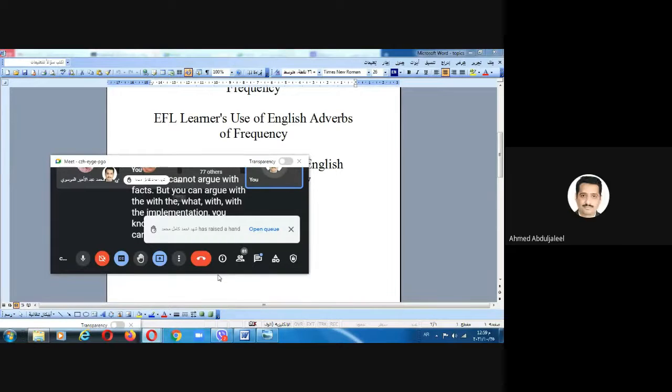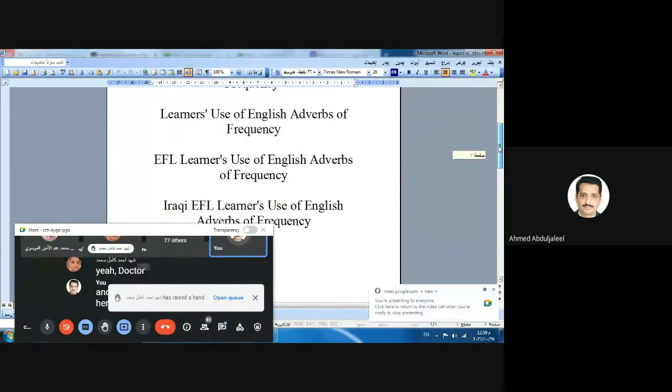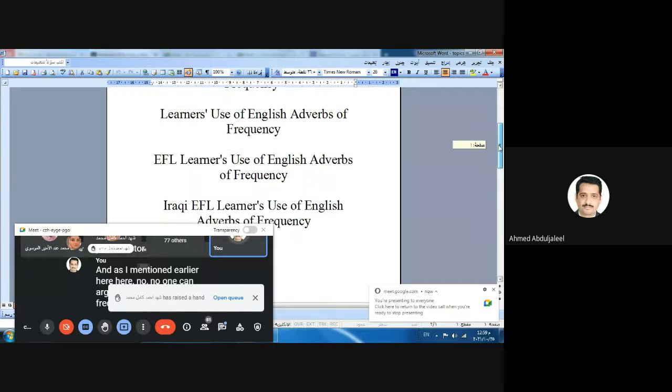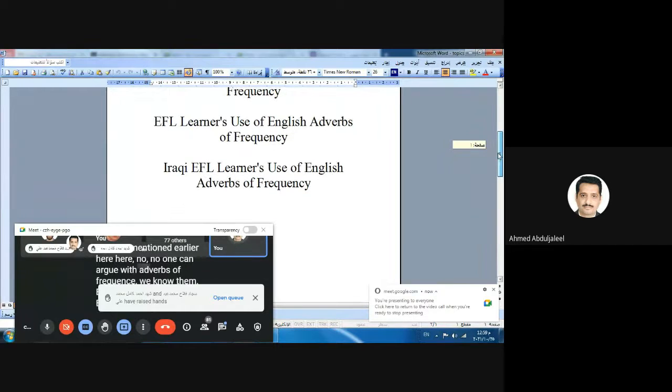As I mentioned earlier, no one can argue with adverbs of frequency. We know them, but we can argue about Iraqi EFL learners' use of adverbs of frequency. So here you are not going to deal with the facts themselves, but with the application of the facts.